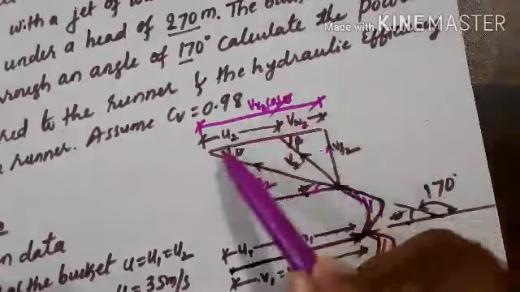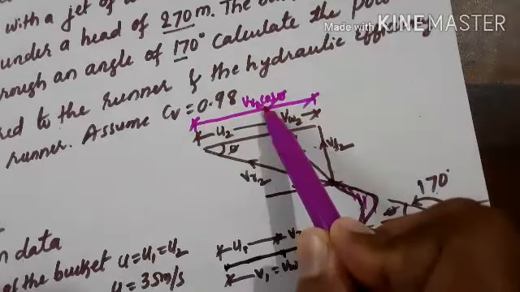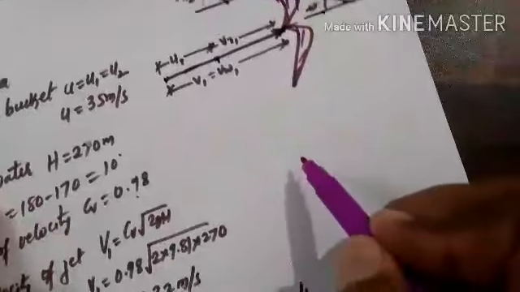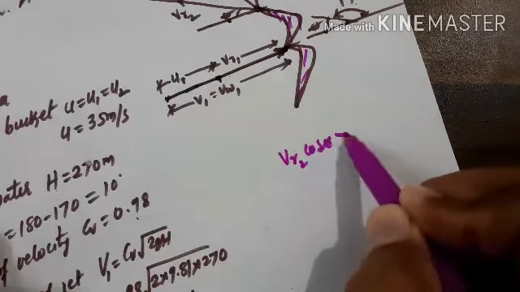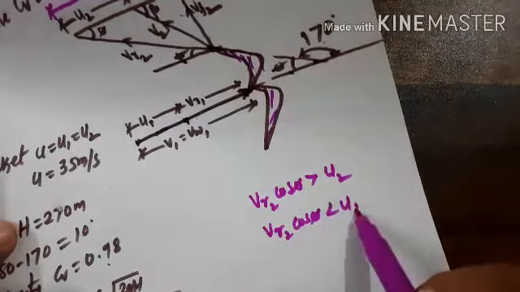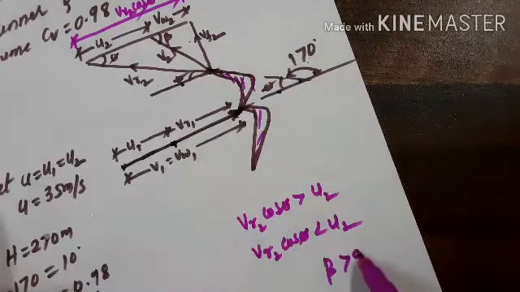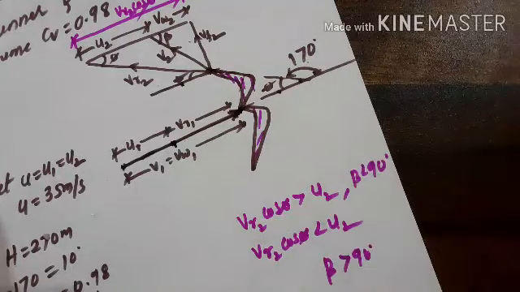Then based on this also you can draw the outlet velocity triangle. If you calculate Vr2 cos phi and it is greater than u2, then this is the velocity triangle. Suppose if Vr2 cos phi is less than u2, then the beta will become more than 90 degree. Here the beta will be less than 90 degree.